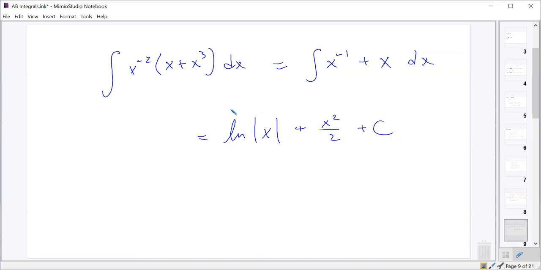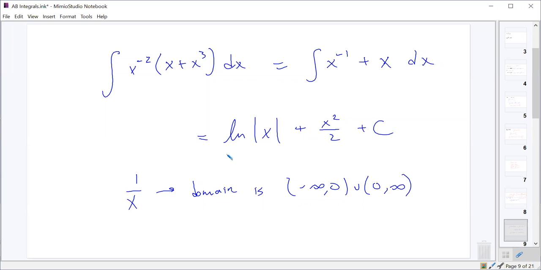The reason it becomes an absolute value of x instead of just a natural log of x is that normally when we take the derivative of natural log of x, we get 1 over x. There's no absolute value involved. 1 over x, if you think about that, what is the domain of that function? Everything but 0. It's -infinity to 0 and 0 to infinity.